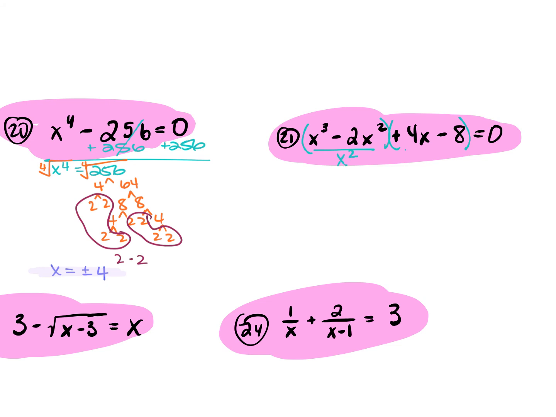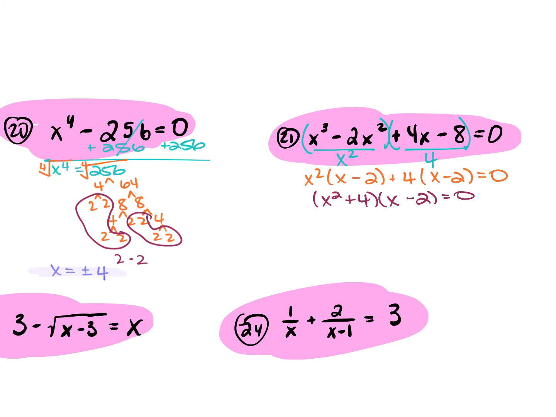X squared. What's our greatest common factor between the 4x and the 8? So this is going to give us x squared times x minus 2 plus 4 times x minus 2 is equal to 0. This then becomes x squared plus 4 times x minus 2 is equal to 0.